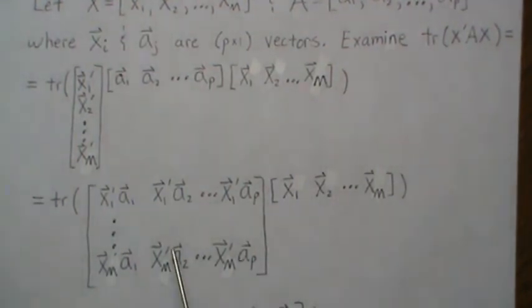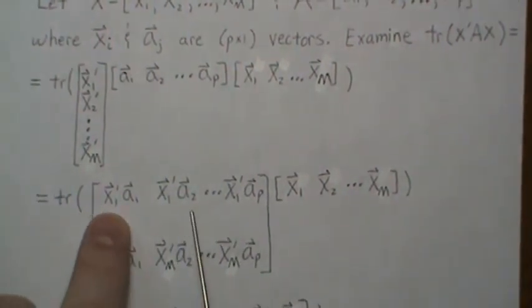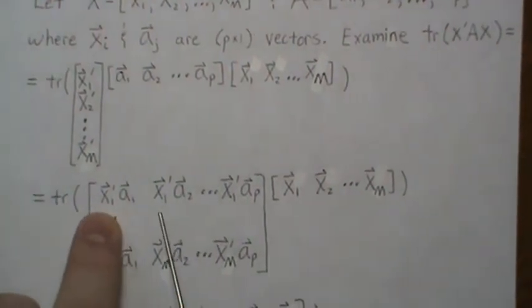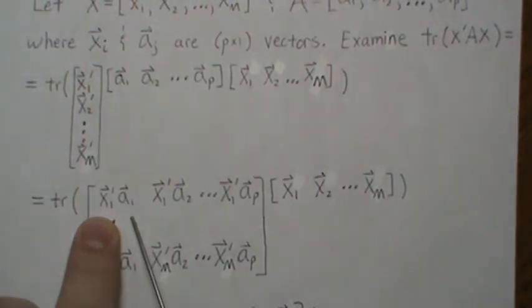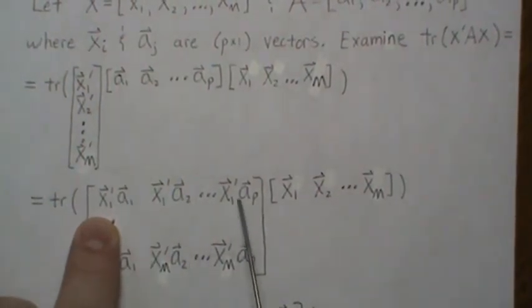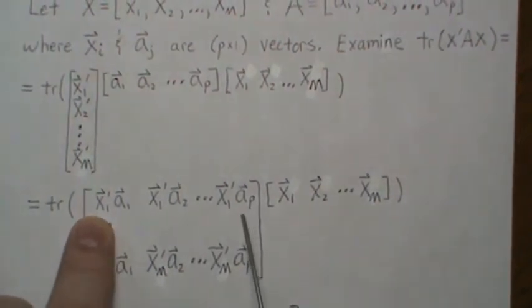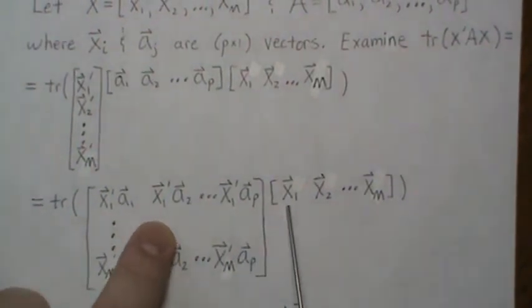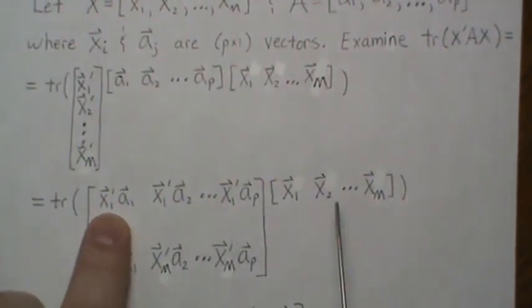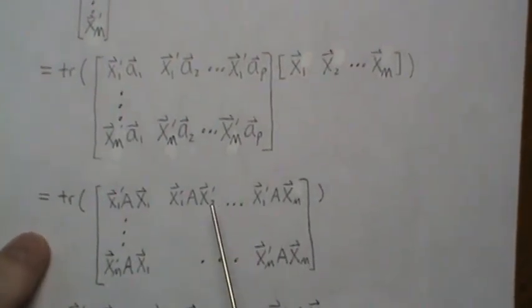But if we think about this here, we can left factor out an x1, and then what's left is a matrix where A1 is the first column, A2 is the second column, AP is the pth column. So this is A1 transpose A. So we take that times this, and then this times that, and then this times this, and we end up getting this matrix here.